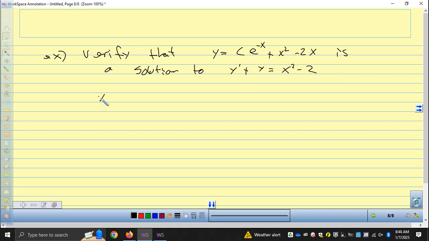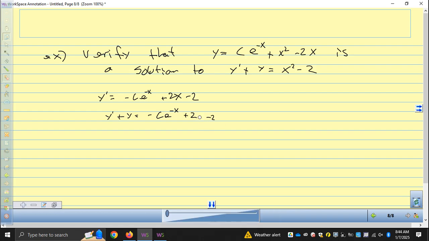So y prime. If we take the derivative of this, y prime is negative c e to the negative x plus 2x minus 2. And so y prime plus y is negative c e to the negative x plus 2x minus 2 plus c e to the negative x plus x squared minus 2x.